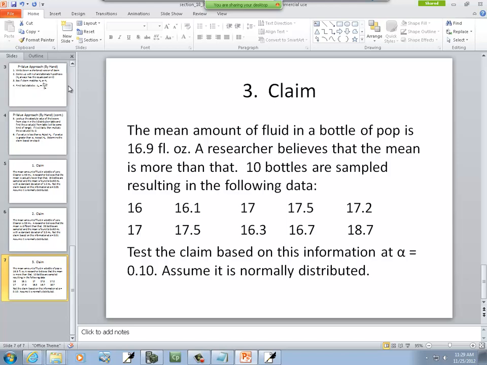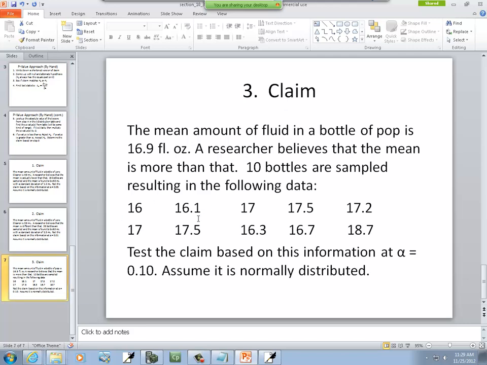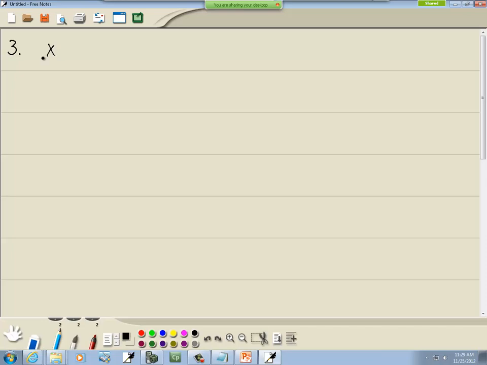And we know from our formula here we need X bar, we need S. So first thing I'm going to do is find the mean and standard deviation of this. And then we'll do our claim.